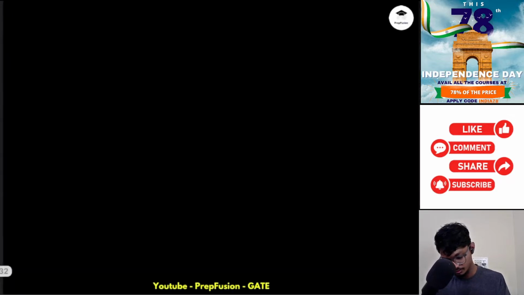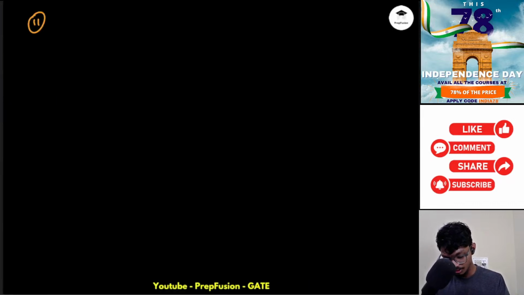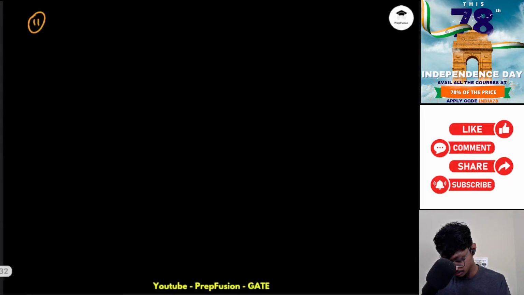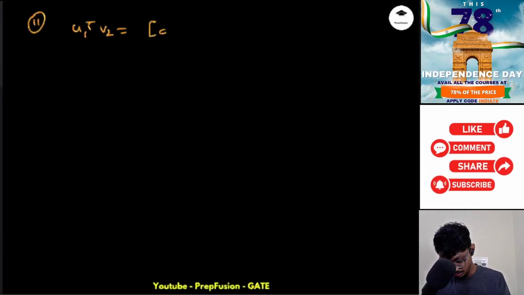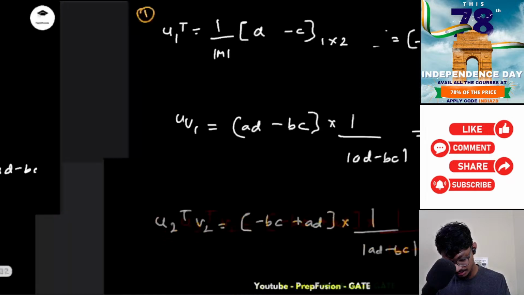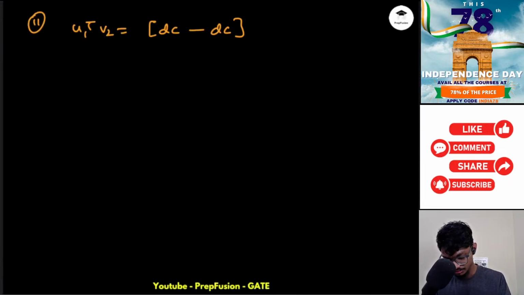Similarly, that was for statement 1, and if you check the second statement, what do you get? If I multiply u1 transpose into v2, this time u1 is d, times the first element of v2, which is c, so d times c, and then minus c times d, so this will be dc minus cd, divided by the determinant of M, and this is 0, so it gets cancelled.